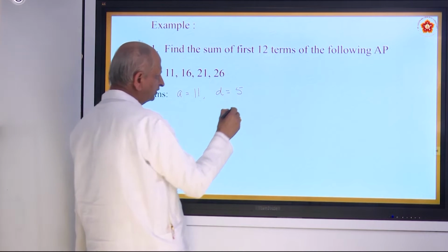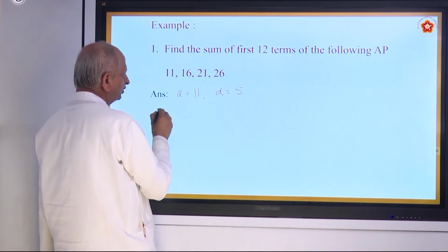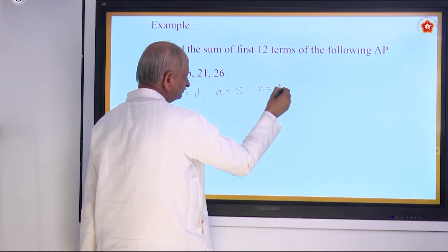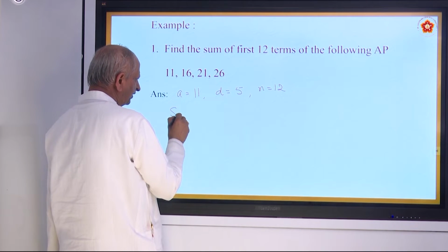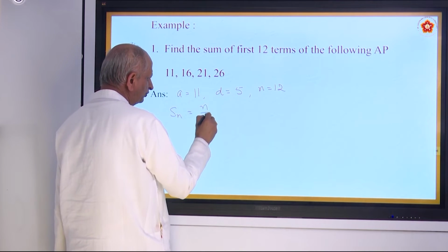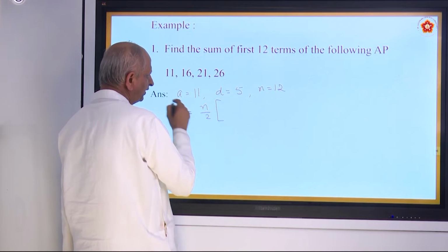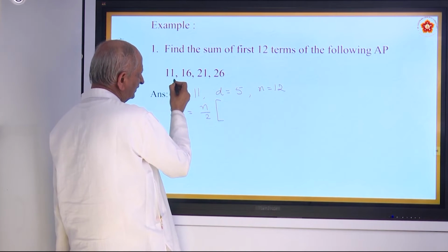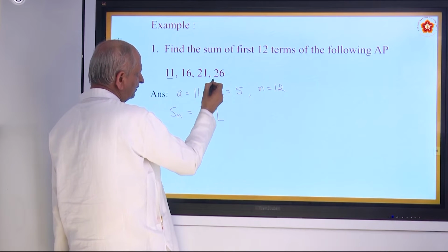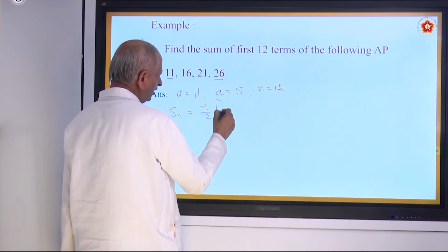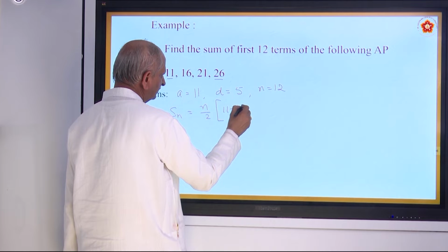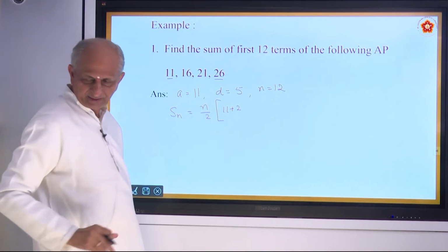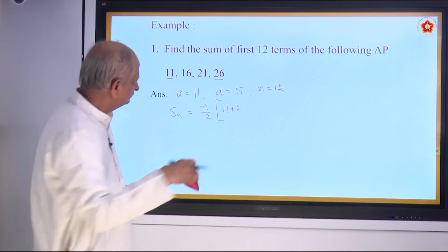And you have to find the sum of 12 terms, so n is equal to 12. The formula: Sn equals n by 2 into a plus L. First is a plus L, so 11 plus 26. Now, we will use the other formula and we can verify it afterwards.